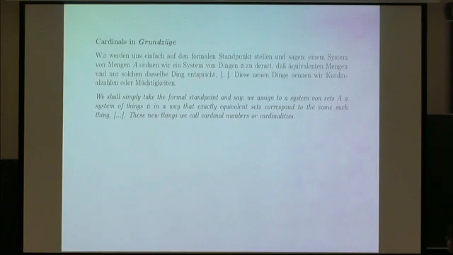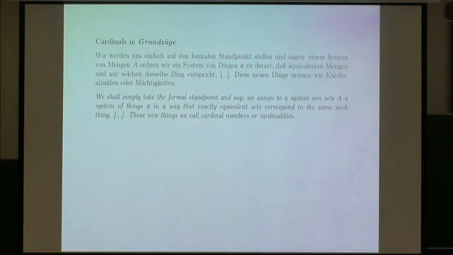We shall simply take the formal standpoint and say we assign to a system of sets, this is German, a system of things, in a way that exactly equivalent sets correspond to the same such thing.